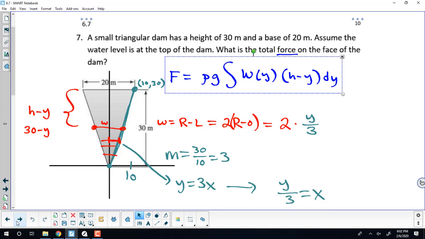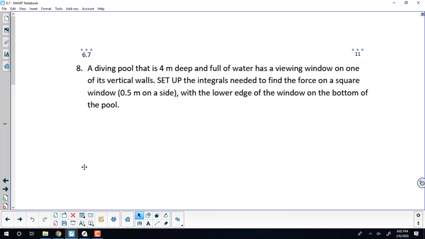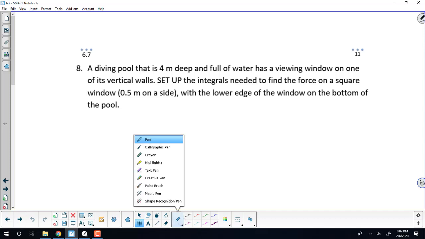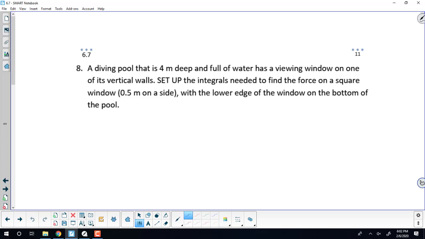All right, we have two more examples from 6.7 to look at. We have a diving pool that's 4 meters deep, full of water, with a viewing window on one of its vertical walls. Set up an integral needed to find the force on the square window that's 1/2 meter on each side, with the lower edge of the window at the bottom of the pool.